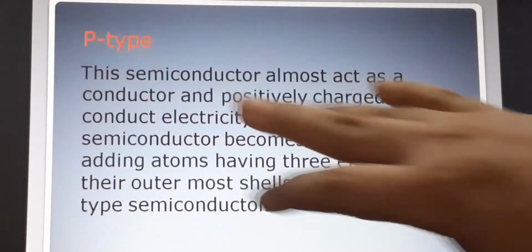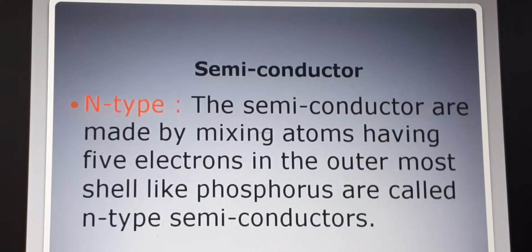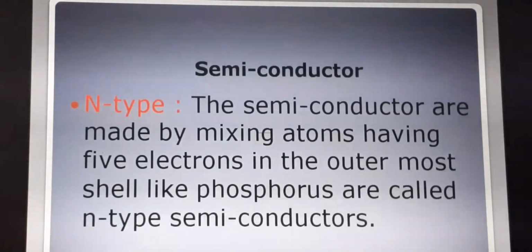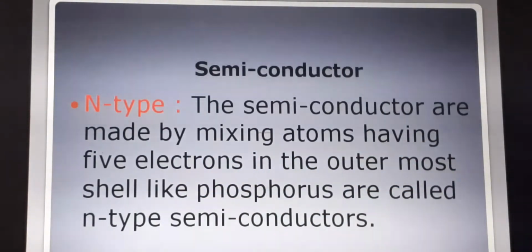That means for P-type, the basic characteristic is that the atoms' outer shell consists of 3 electrons. It is called a P-type semiconductor. So it is clear what is N-type and what is P-type. P-type semiconductor always consists of atoms having 3 electrons in the outermost shell, and N-type semiconductor consists of atoms which have 5 electrons in the outermost shell.